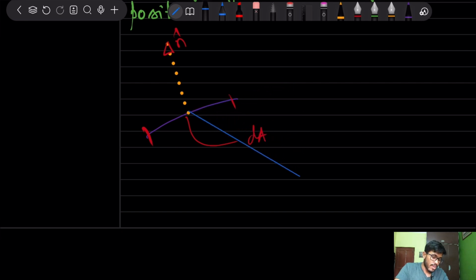If the heat flux vector is like this, the angle between the normal and the heat flux vector is more than 90, so the dot product is negative. If it is the other way, the dot product is positive.